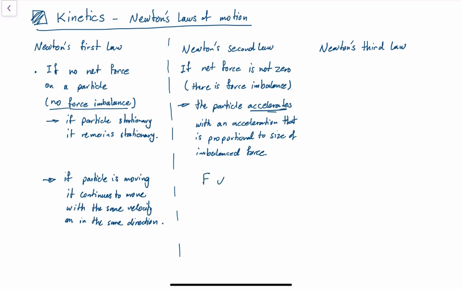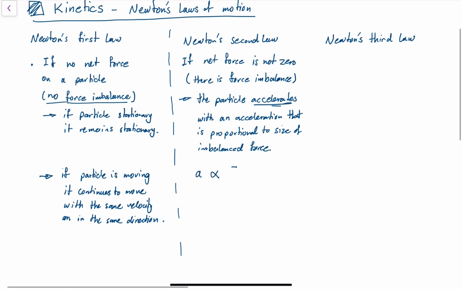We can write it as net force proportional to acceleration, this is a proportional symbol. Well, let me write it the other way around, to be consistent with what we wrote: acceleration is proportional to net force, and we know that the constant of this proportionality is related to the mass or inertia of the particle.